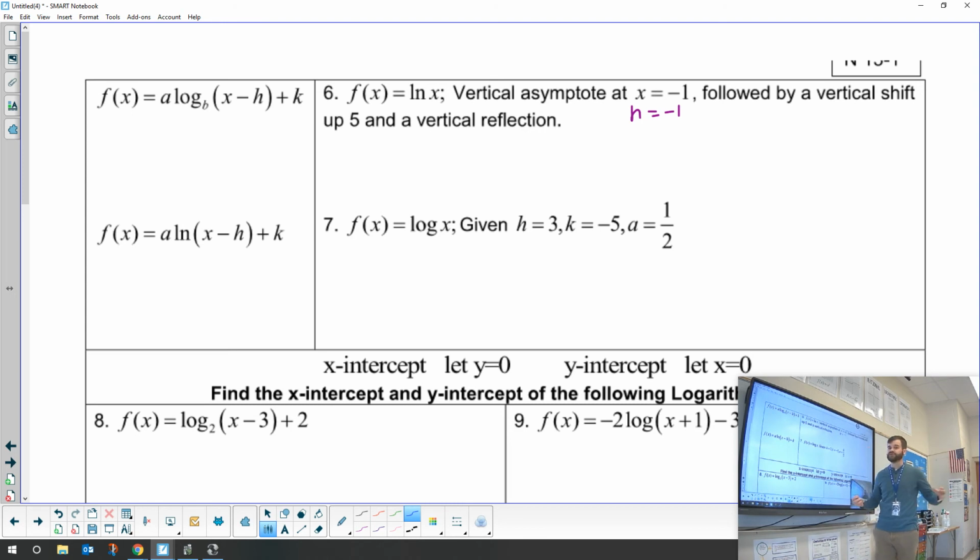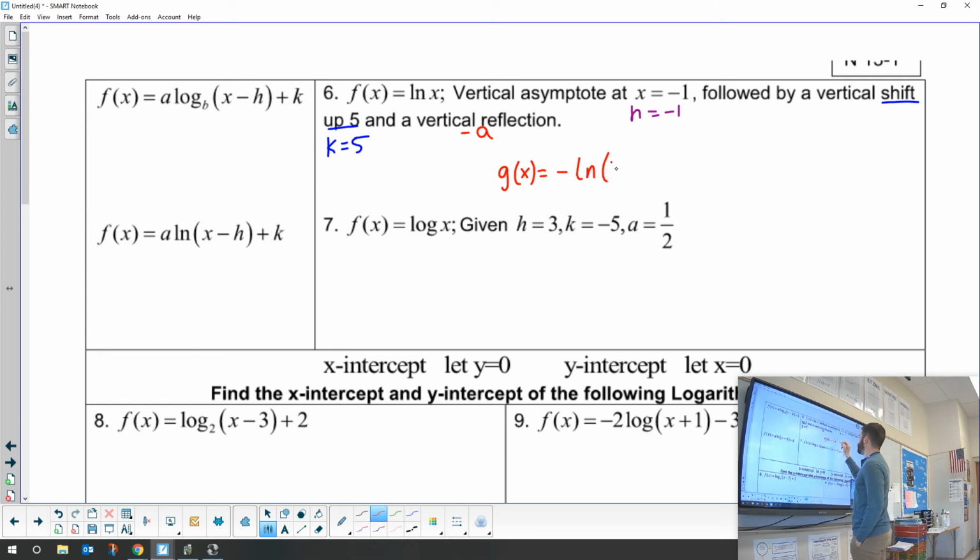If it said a vertical stretch, then it'd be my A. But shift means that we are going to shift it up 5, so that's going to be my K. So we have my K is 5, a vertical reflection. So that means that we're going to have a negative A. So we can write this out here. We can go G of x equals negative natural log of x plus 1 plus 5.